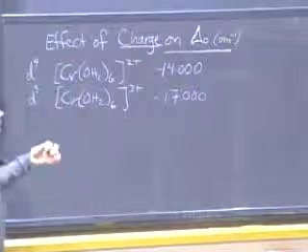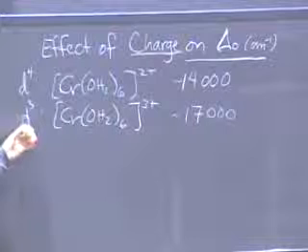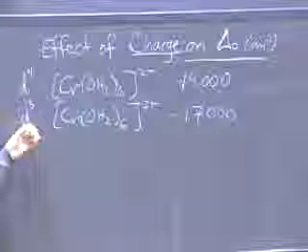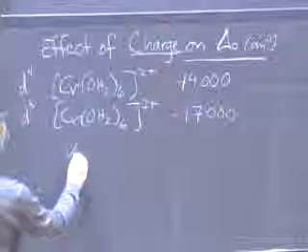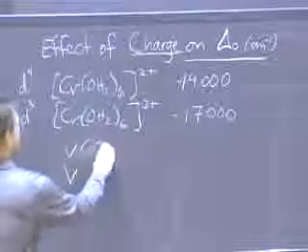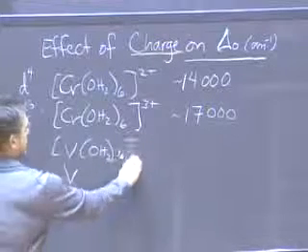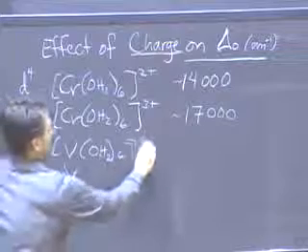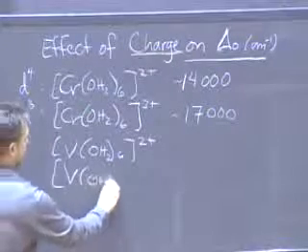So we see that putting a higher charge on the metal center leads to a larger value of delta O. That's also true for some other metal systems. There are a number of different metals for which the hexaaquo systems can be generated in both the 2+ and the 3+ state of charge.